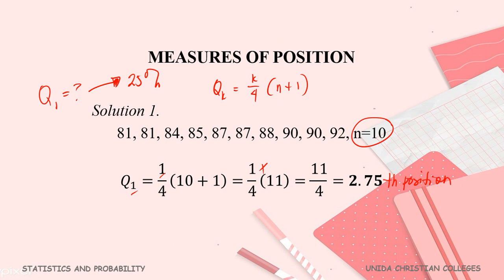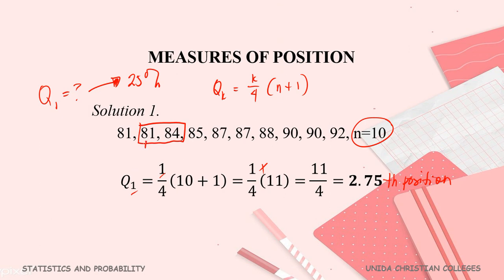Okay, so now, nakita nyo na yung position po natin. Punta na po kayo dun sa naka-arrange po nating data. So, since 2.75th position, somewhere from second and third data. Nandito lang yan sa pagitan ni 81 tsaka ni 84.